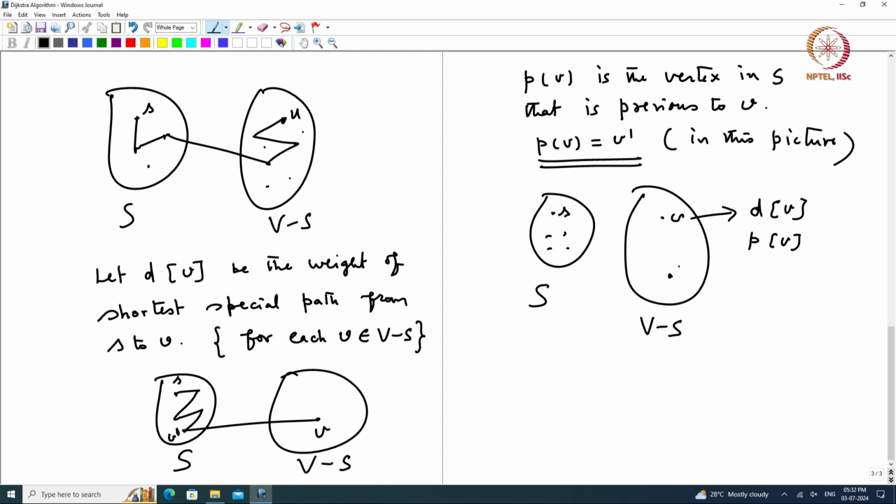For every vertex the corresponding values are available.